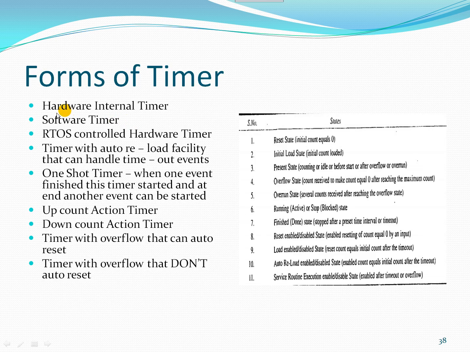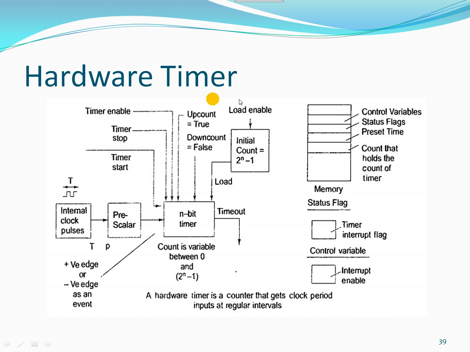So next will be the hardware timer. Here we have given one form of timer as a hardware timer, with the main basic functionalities of a hardware timer. The hardware timer will be supplied with an internal clock, produced by the internal oscillators of processors or controllers. That clock will be given into the prescaler, as we discussed in the previous slides.